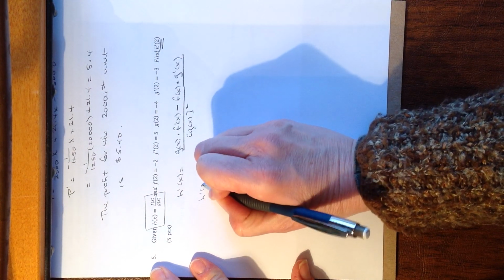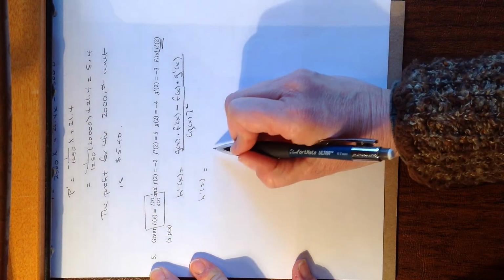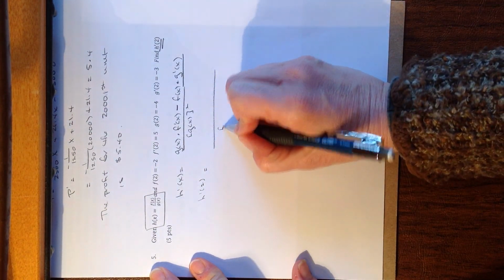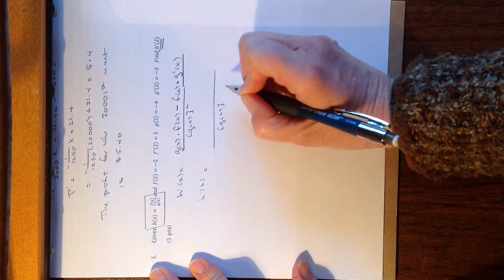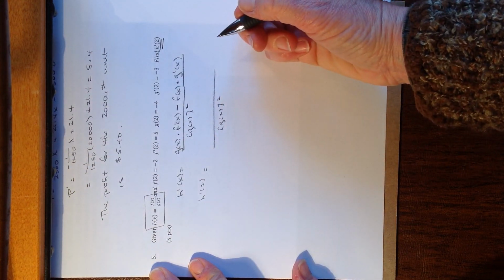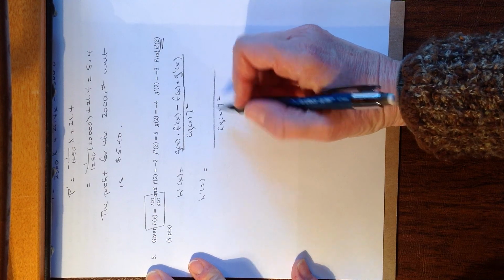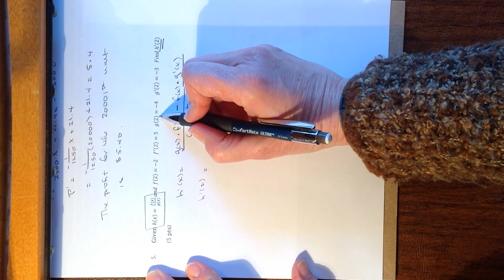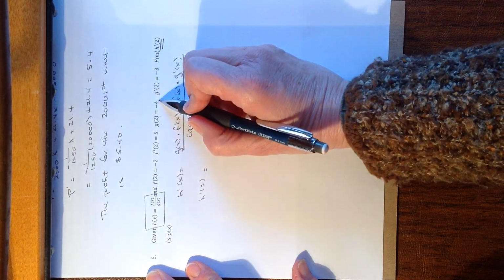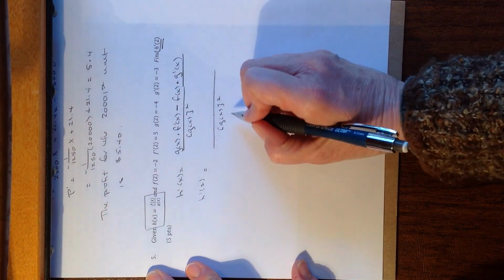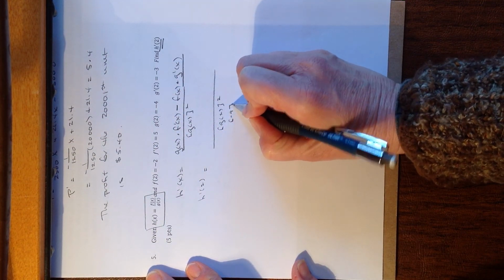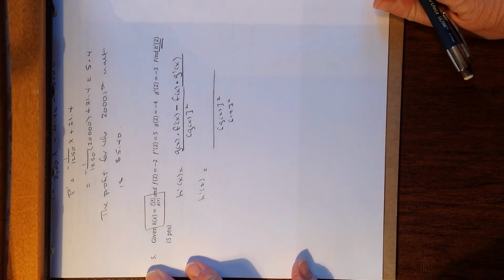For the number 2 in particular, that means I need g of 2 squared. Well, if I don't know what g is, I don't know what g of 2 is unless somebody happens to tell me. G of 2 is negative 4. So I know then that this is negative 4 squared, even if I don't know what the function is.